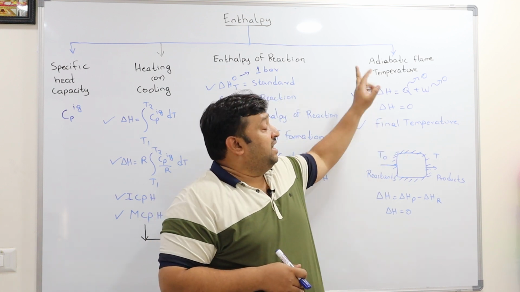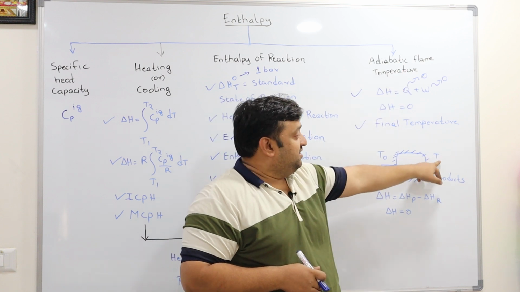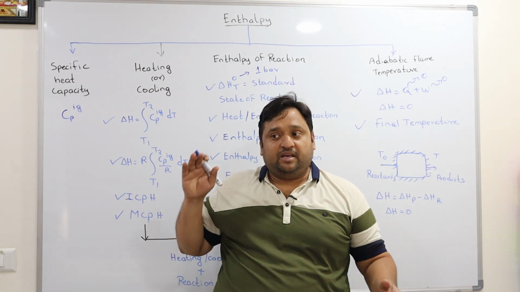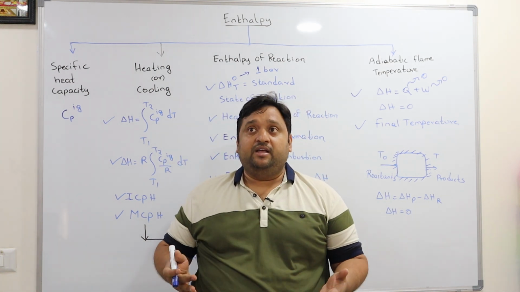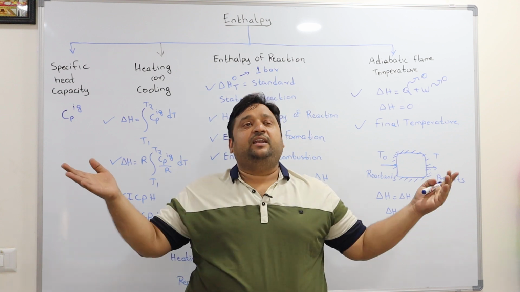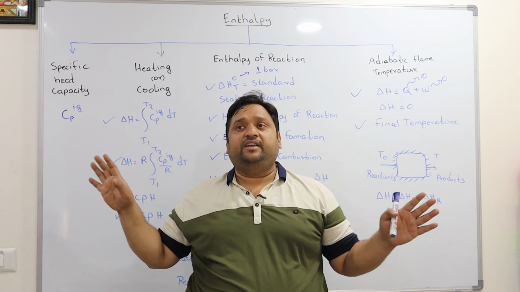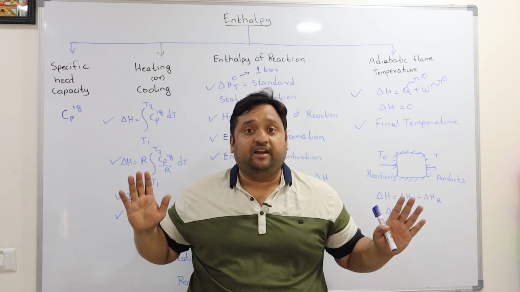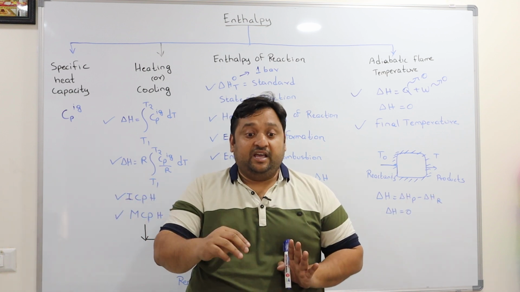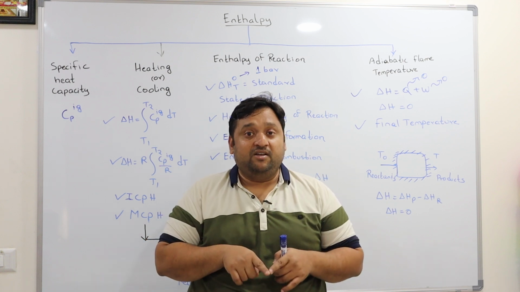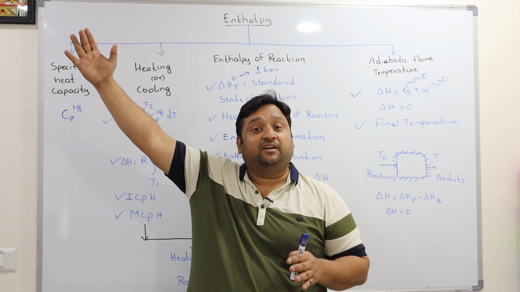So that is how finally we are going to estimate the final temperature T, because it is very important. For example, in an industry a certain reaction is happening. Suddenly, say, a power shortage happens and the cooling system fails. In such cases, if the reaction continues in that reactor, what is the maximum temperature the reactor can reach?